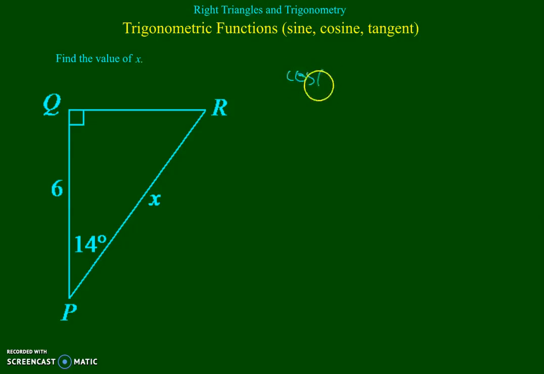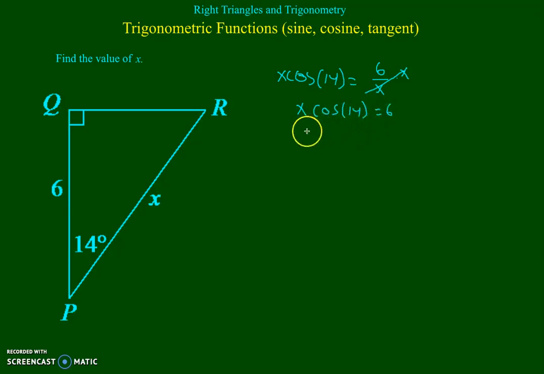Cosine of 14 equals CAH, 6 over x. Multiply both sides by x. Then we have x cosine 14 equals 6.